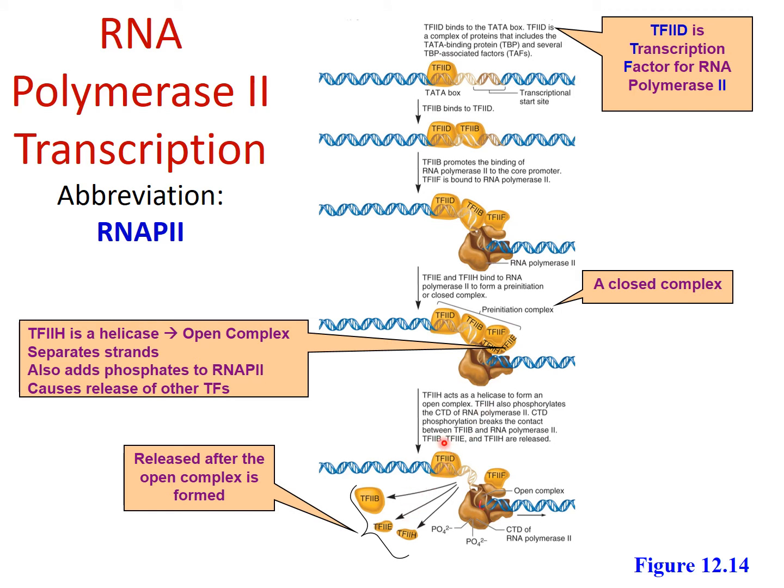After these factors get released, the promoter DNA becomes unwound, and we get this open complex formation, and we start to get synthesis of RNA. Note that phosphate groups have been added to the polymerase. So now RNA polymerase at this point can proceed to the elongation stage. There's been initiation of RNA synthesis, and it's going to escape from this promoter and start synthesizing RNA.